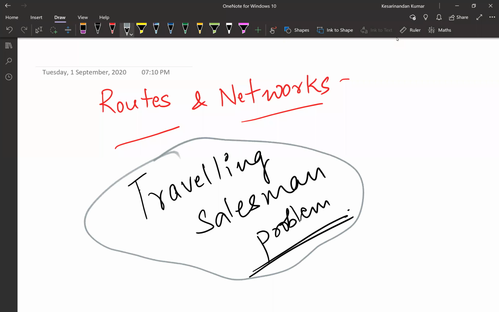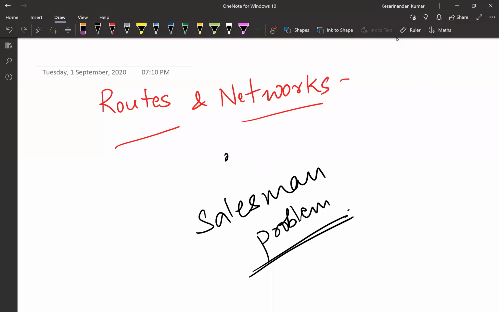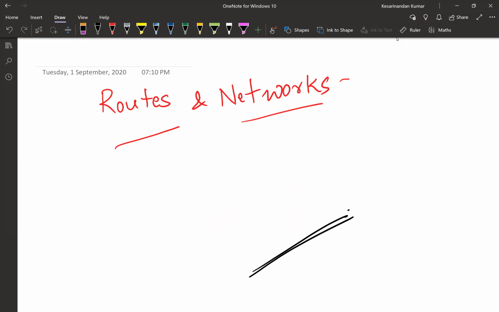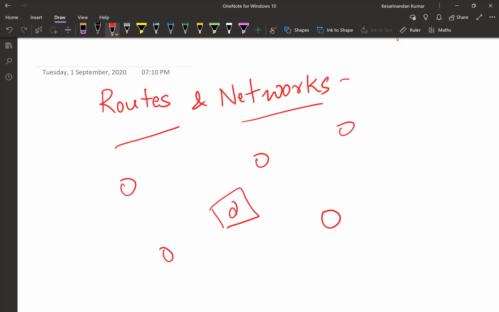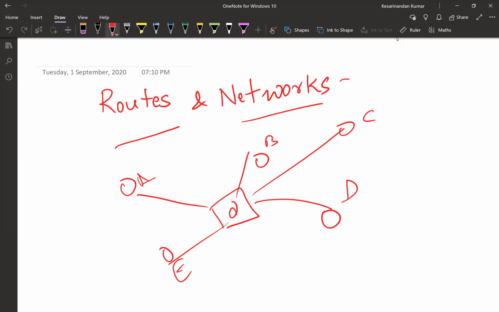So basically, if I have to give you the synopsis of what is routes and networks, in short, let's suppose there are 5 cities. This is your factory production center, and these are cities A, B, C, D, E. Now each one is present at a certain distance.